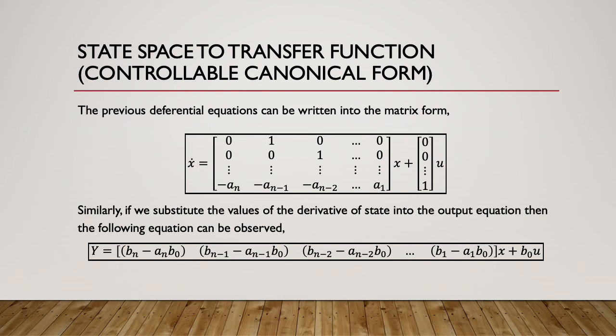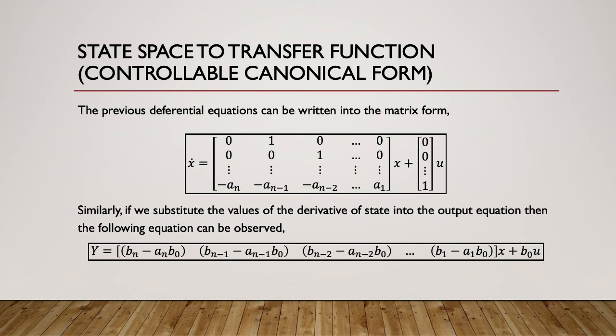Similarly, the last row will be minus a_n, minus a_(n-1), minus a_(n-2), and so on up to a1, because in the last equation we have xn dot equals u minus all the state terms with the coefficients a. Since u comes into only the last equation, all values in the control input matrix will be 0 except the last value, which equals 1.